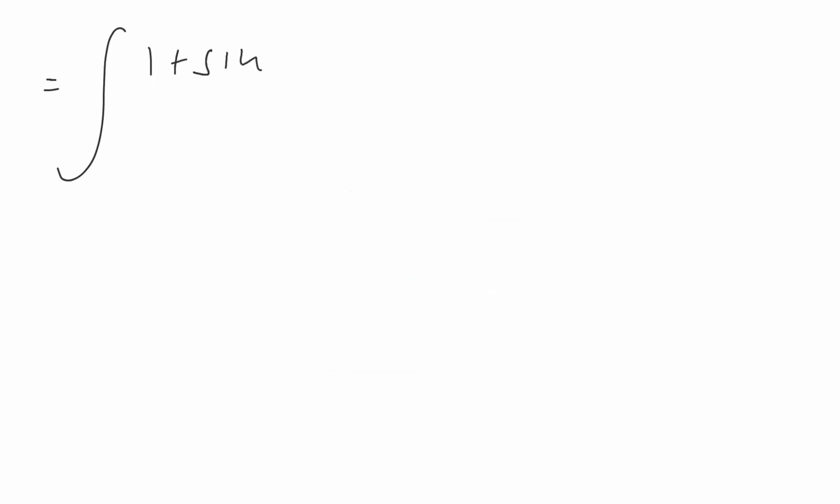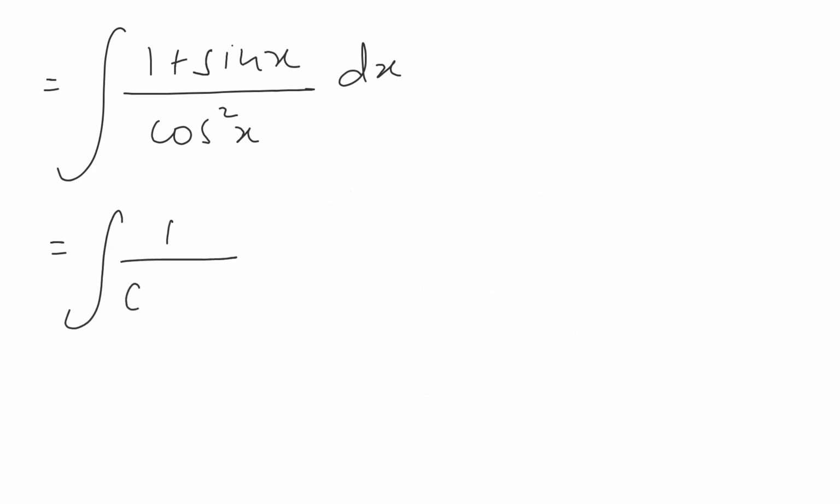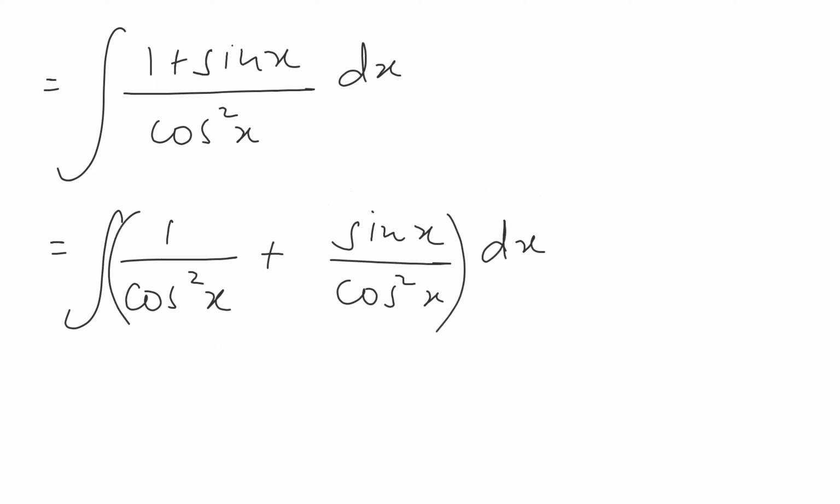So 1 plus sin x upon cos square x dx. Split this into two parts. 1 upon cos square x plus sin x upon cos square x dx. Cos reciprocal is sec. So this will become sec square x plus.